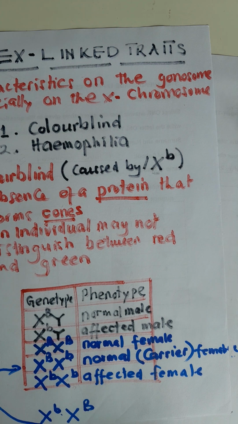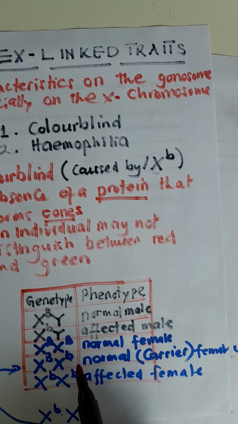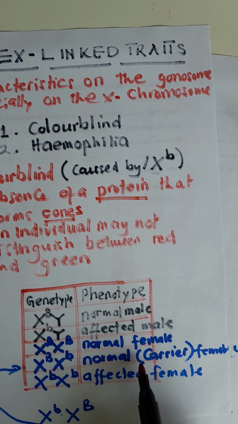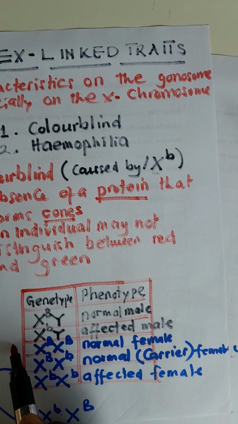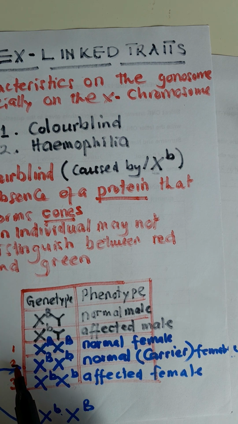But what about females? A female has 2 X chromosomes. Therefore, a female who is heterozygous, like this one, female number 2, will not be affected. Why?